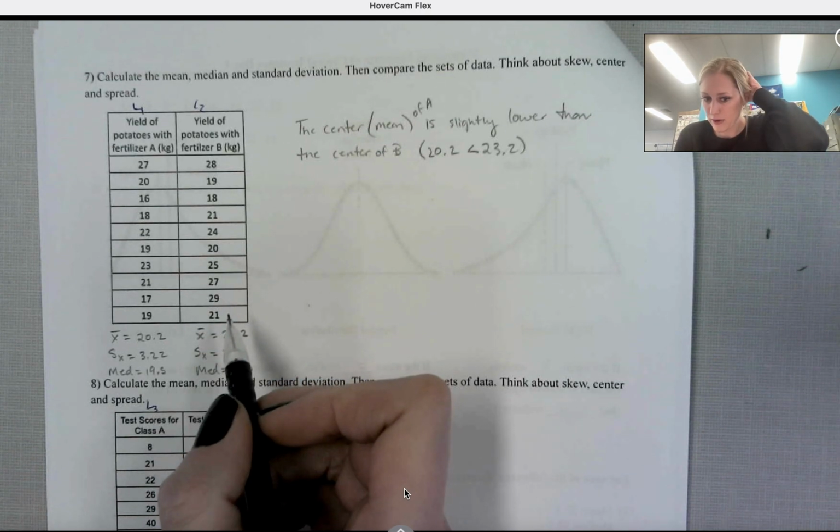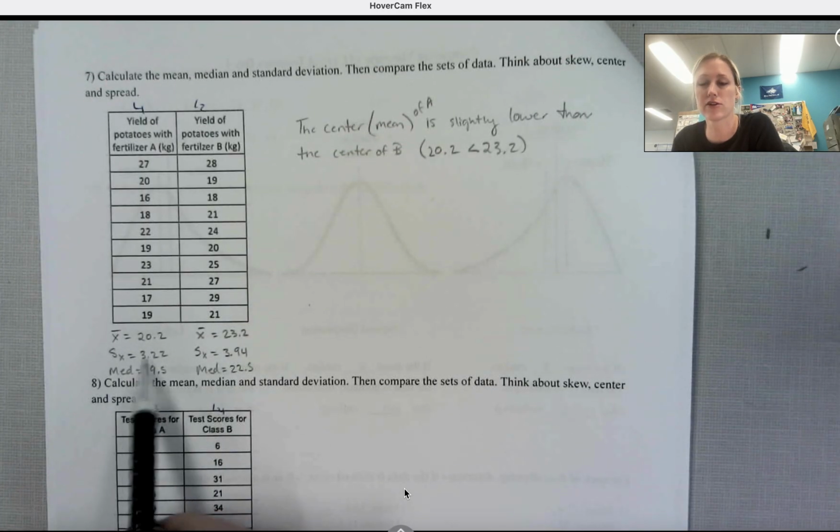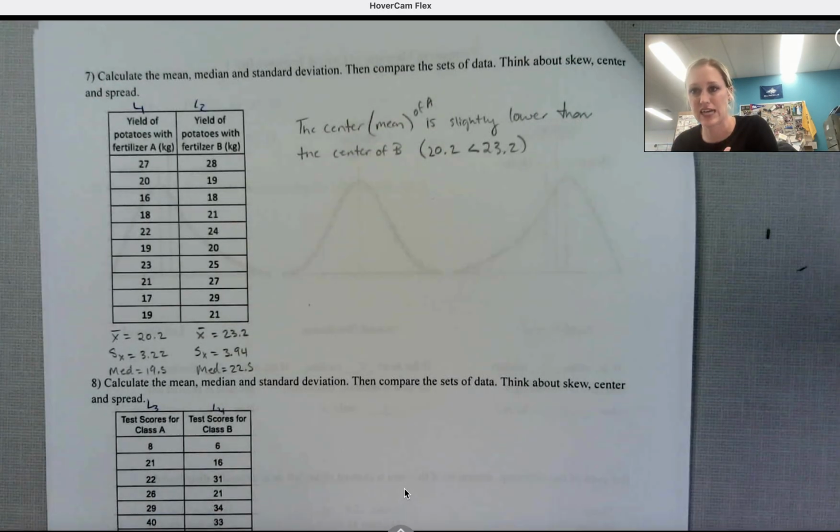Okay, let's talk about the spread. So this is where I want to look at standard deviations. Remember, the smaller the standard deviation, the tighter together the data is.